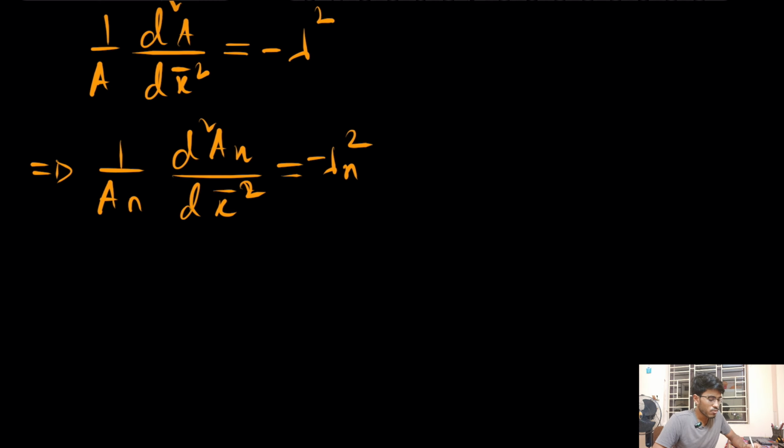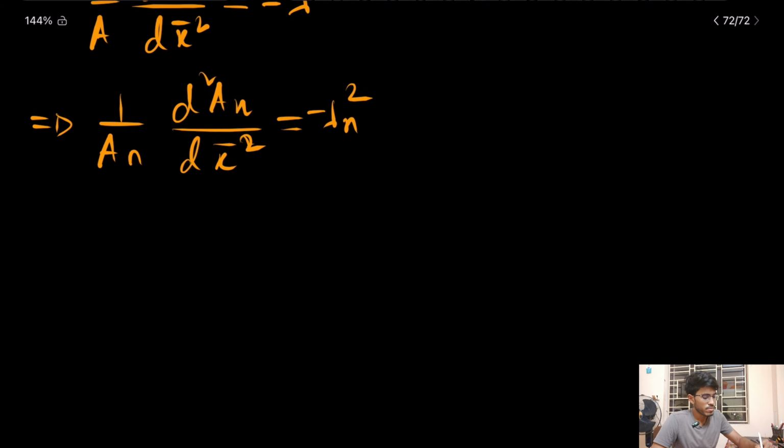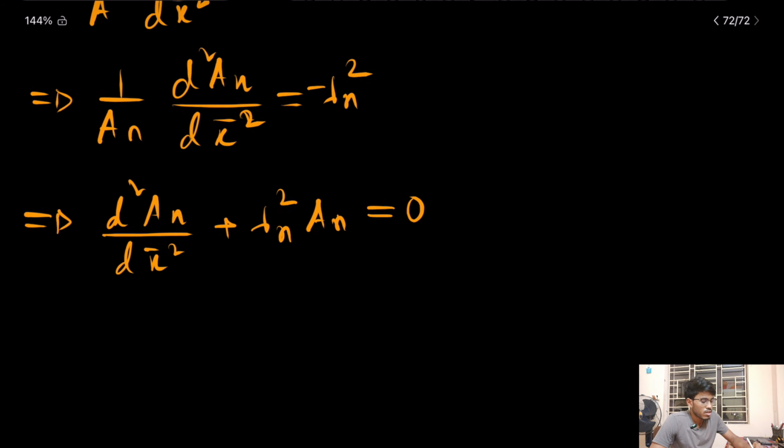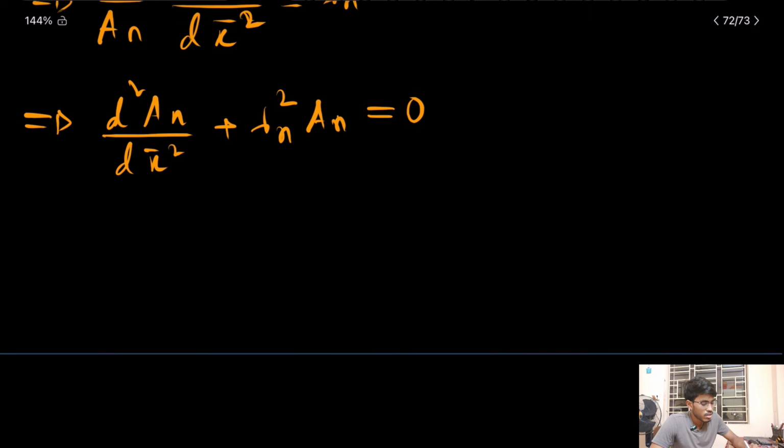So now first let me write it like this, the second derivative of an plus lambda n square an equal to 0. Clear?